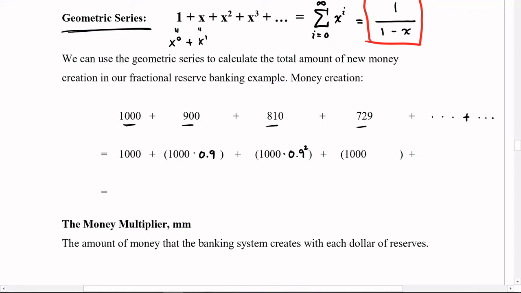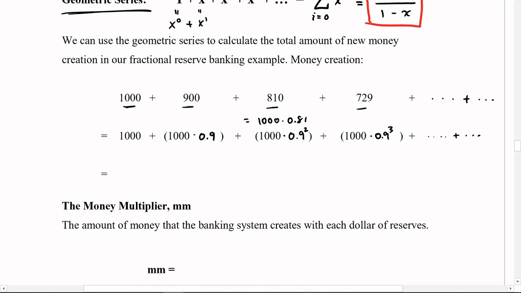If you calculate 0.9 squared, that's going to come out to 0.81. So this is the same thing as 1,000 times 0.81, and that comes out to 810. And here we have 0.9 cubed. And then we're going to have 0.9 to the fourth, 0.9 to the fifth, and so on and so forth.